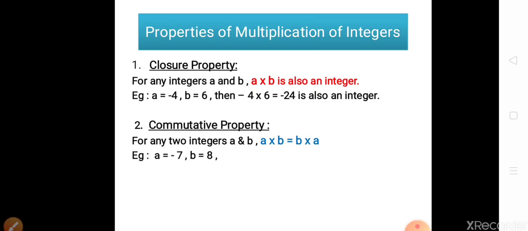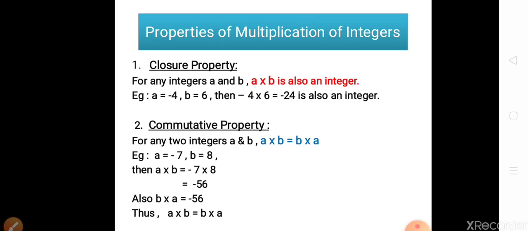Again, let's take an example. We have a equal to minus 7 and b equal to 8, and a into b gives us minus 56, and b into a also gives us minus 56. Therefore, a into b is equal to b into a. Very easy, right?